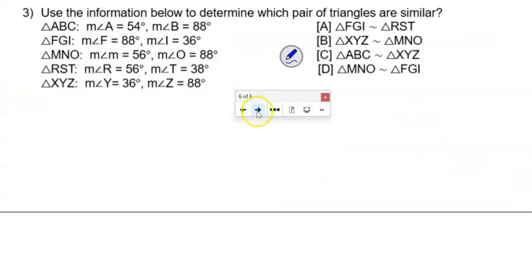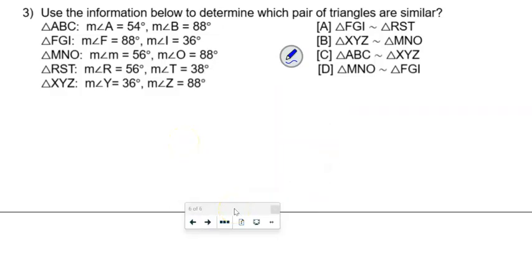So it's coming. All right, this one says, use the information below to determine which pair of triangles are similar. So what we're going to do here is we're going to take 180 and we're going to subtract the 2 angles from it and find our third angle. So the angle C is going to be equal to, here, 38 degrees. Again, angle G here is going to be equal to, let's again subtract 88 and 36 from 180.